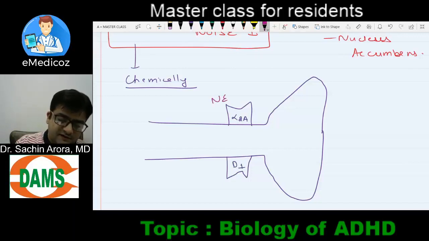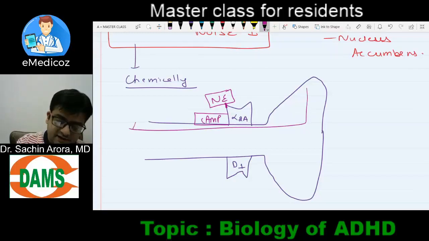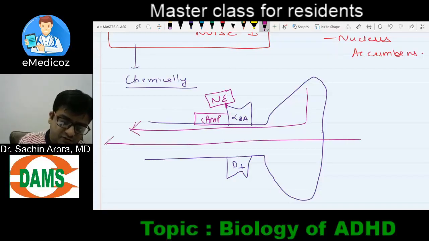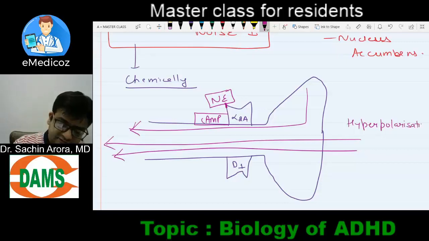The norepinephrine binds to the alpha 2A receptor, which is linked to cyclic AMP, and this helps in signal transmission through this channel, the hyperpolarization activated cation channel.